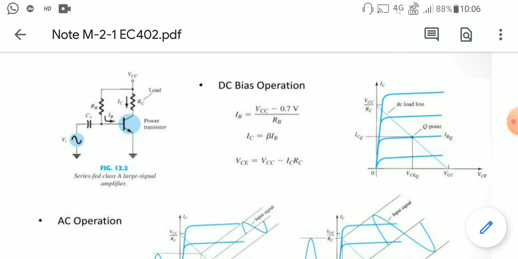So obviously the value for IC will become β times IB, that is IC = β IB.